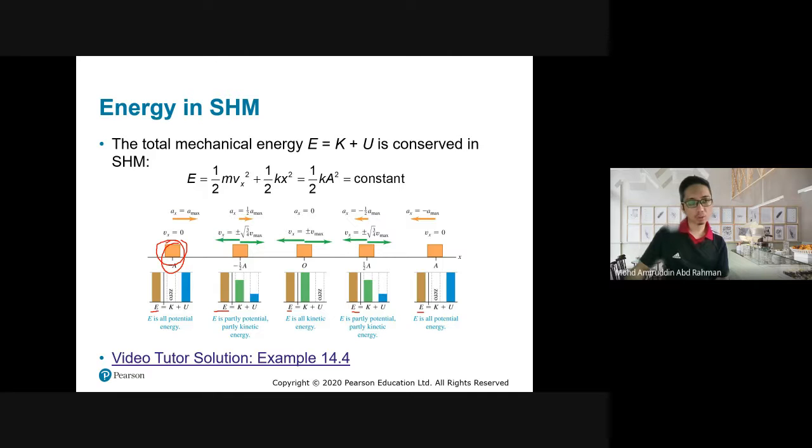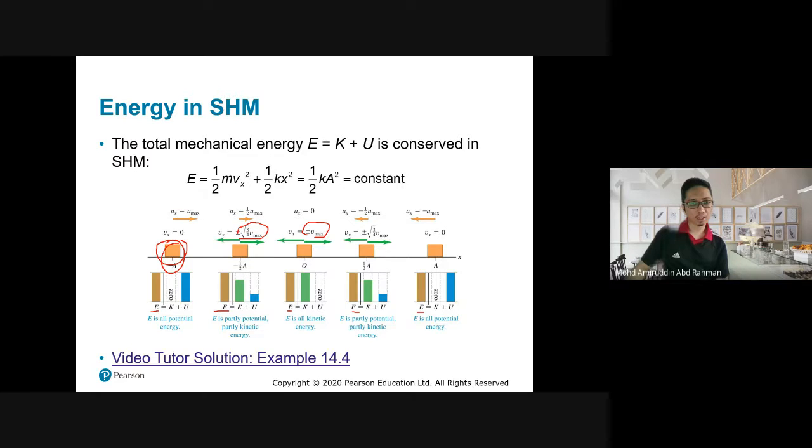So here the object is not moving, so K is 0, so the potential energy is the highest. When we move it to that location, K is increasing and U keeps decreasing until the maximum value, where it moves at the highest speed, Vmax. Here it is only square root of 3/4 Vmax.